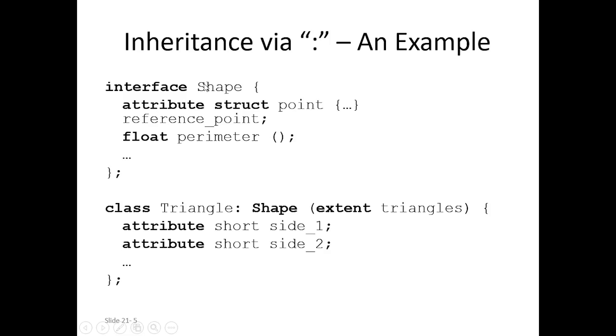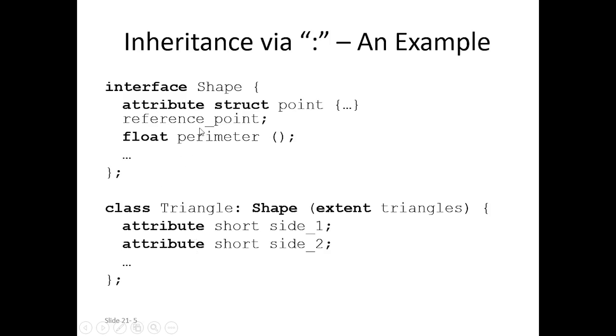Here we are specifying an interface that is a shape, with operations to calculate the perimeter of these different geometrical objects, and we have defined this class triangle that inherits properties of this shape, with extent triangles. And also we have some attributes here.